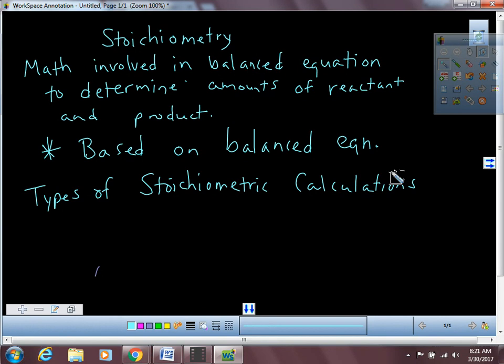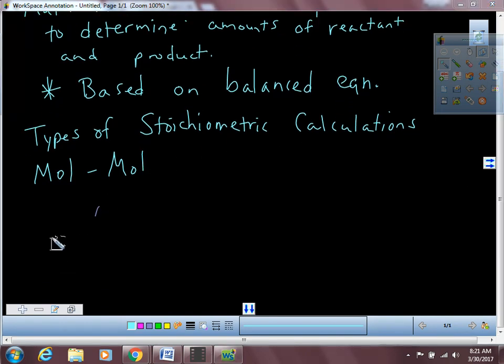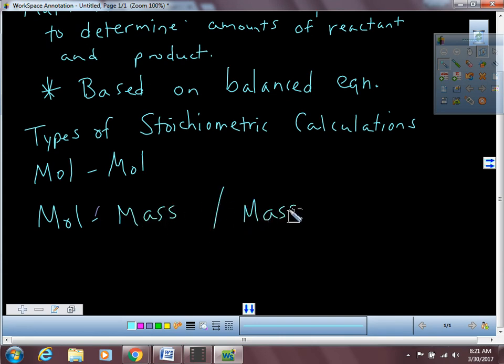You have mole-mole conversions, which is I have moles of something, I want moles of something else. So I have moles of something that I know, I'm looking for moles of something I don't know. The second one on here says mole mass. You can also do mass mole. They're just the opposite of each other. So I have mole mass or mass mole.